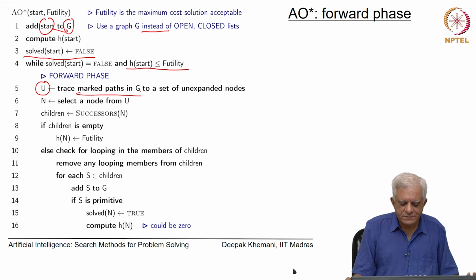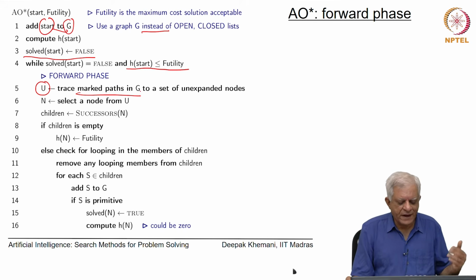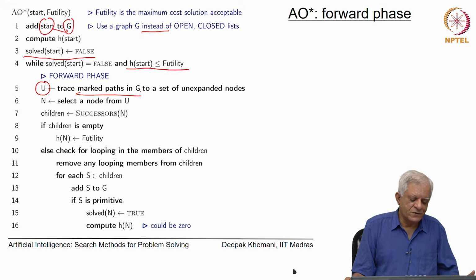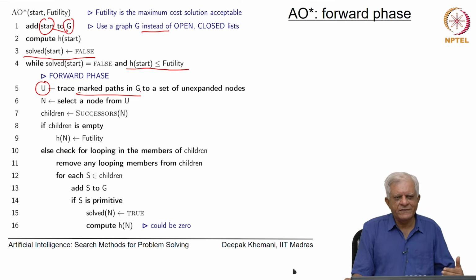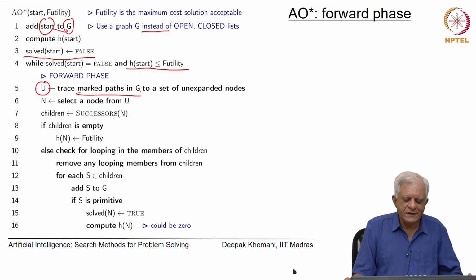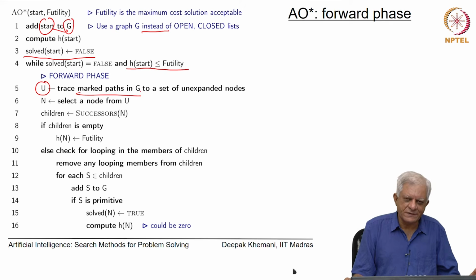One is that anyway you have to solve all of them, because these are part of some kind of an AND node. So, it does not matter in which order you solve them. But there is another argument which people often use, which is to say failure first: if some node is looking more expensive in the set U, then address that node first, because you will find out faster whether that branch of the solution is going to become more expensive.